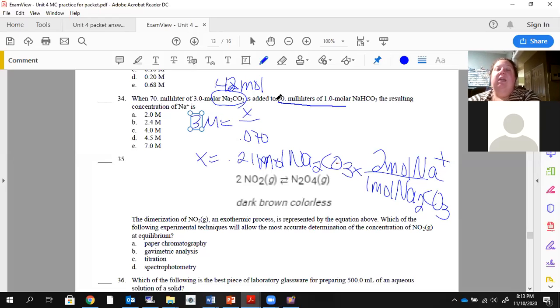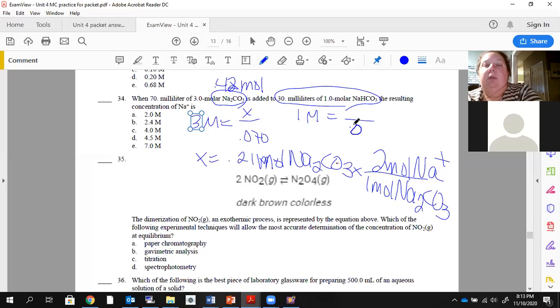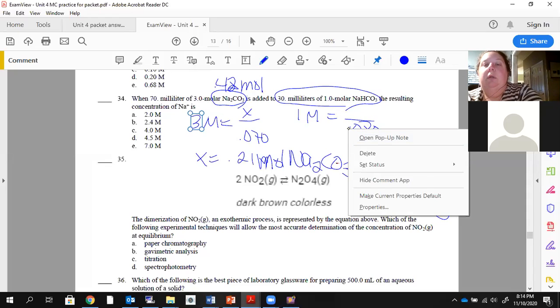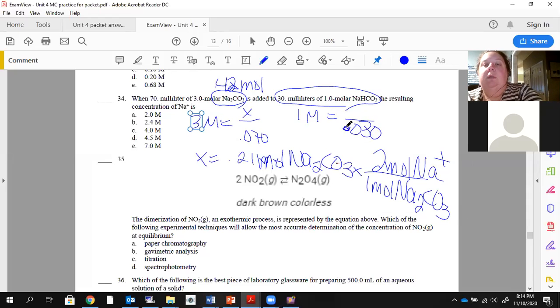And then I can do the same thing for this solution. I've got 1 molar of sodium hydrogen carbonate, and I've got 30 milliliters, which is 0.030 liters. Multiply that up, and from this solution I've got 0.03 moles of sodium hydrogen carbonate.